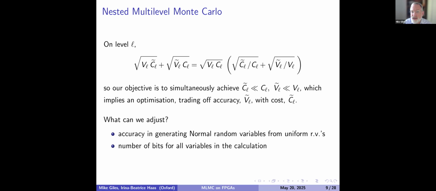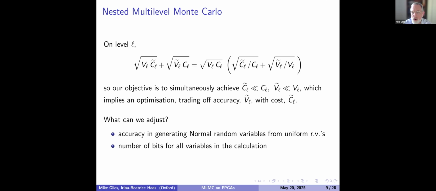What we want to achieve is CL tilde being much smaller than CL and VL tilde being much smaller than VL. So that's a low FPGA cost compared to the CPU cost, and a small variance for the correction relative to the usual VL variance.